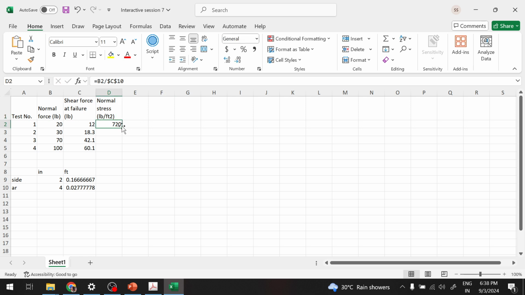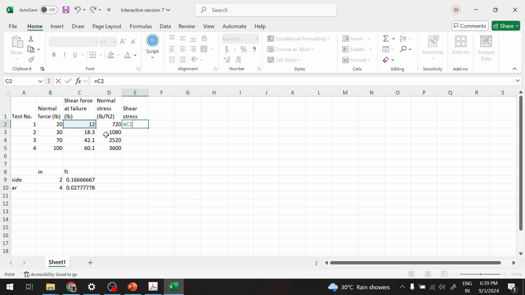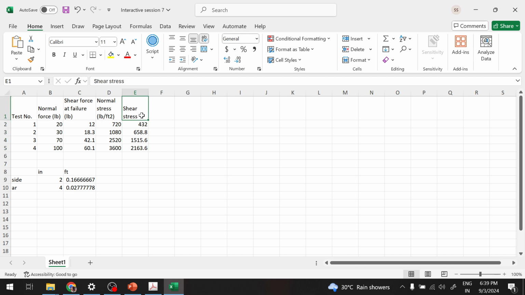So what we are doing right now is we are calculating the normal stress, which is force over area, and we will calculate the shear stress. Let me remind you why we are doing that. We are doing this because this is this over area. This will be 432. These are the values of shear stress and normal stress.